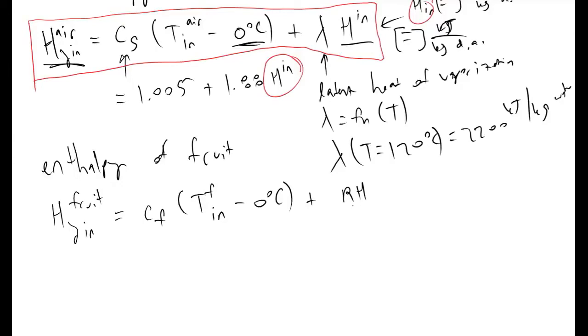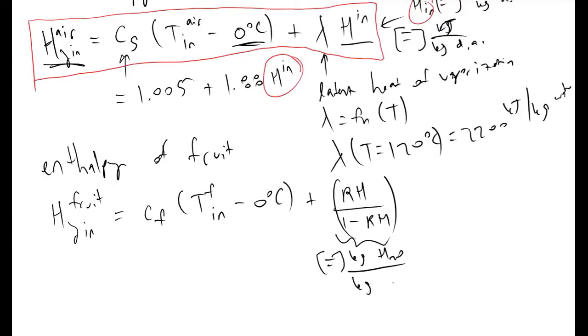It's a percentage of how far you are to saturation, and so you'll have relative humidity of the fruit divided by 1 minus relative humidity of the fruit. And this term here will have units of kilograms of water per kilogram of fruit. And I encourage you to do the dimensional analysis on this and verify this.